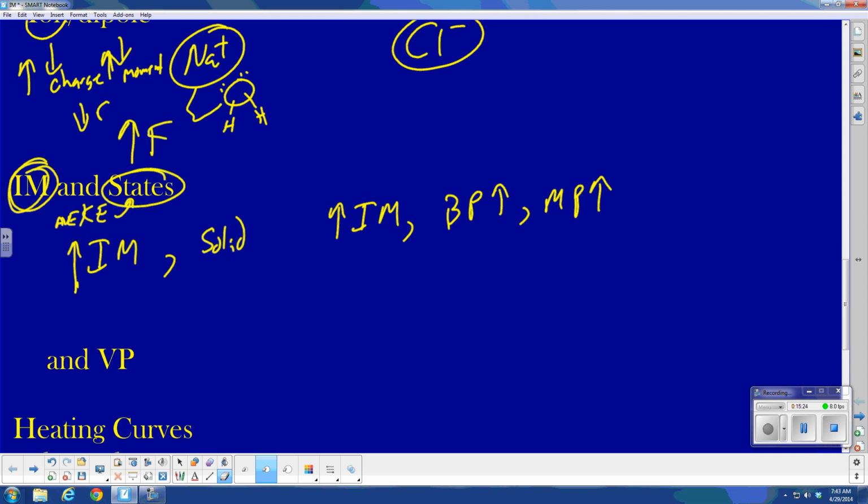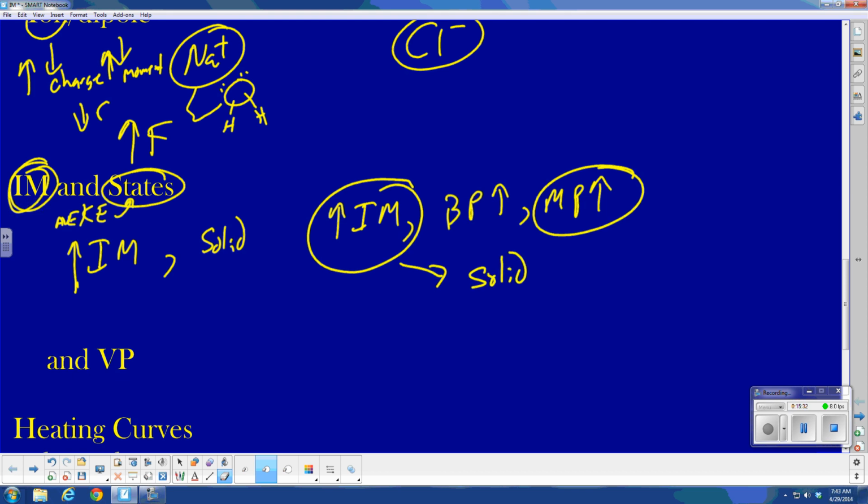So when I have very strong intermolecular forces, I have a high melting point, which indicates that at room temperature, that is probably a solid. And if I have low IM forces, that means I have a low melting point, which means at room temperature, that's probably a gas. Got it? Okay, so that's my relationship between IM forces and states.